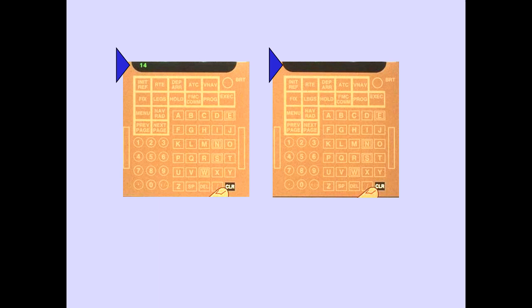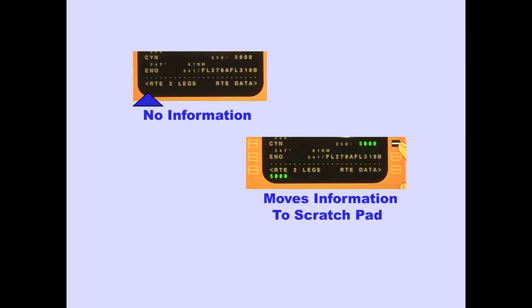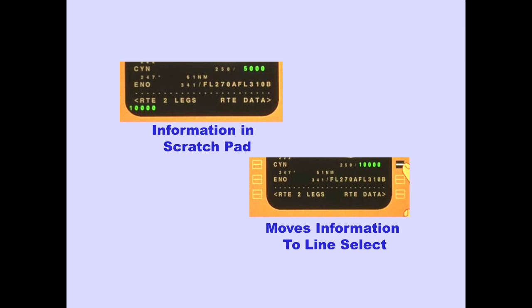Pushing and holding the clear key clears the scratch pad. If there is no information in the scratch pad, pushing a line select key moves the information from the selected line to the scratch pad. If there is information in the scratch pad, pushing the line select key moves the information from the scratch pad to the line selected.